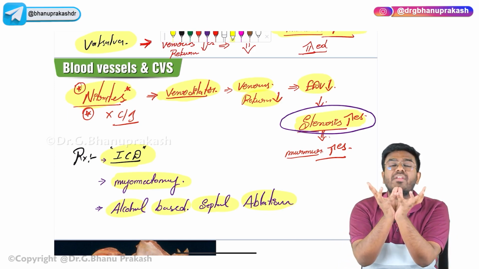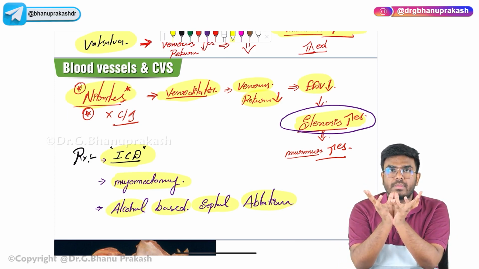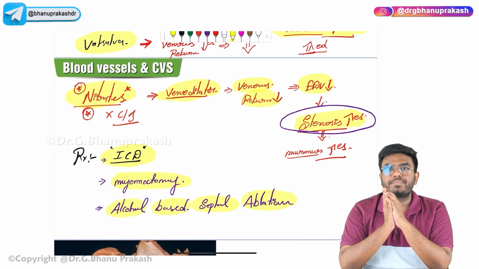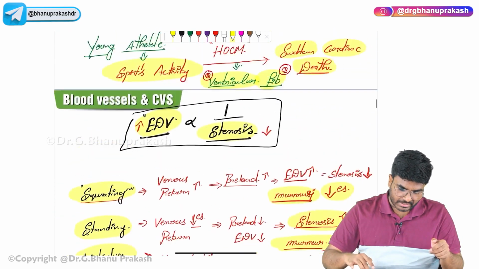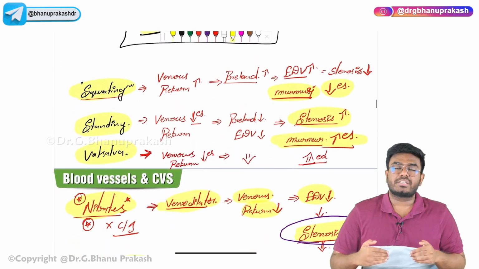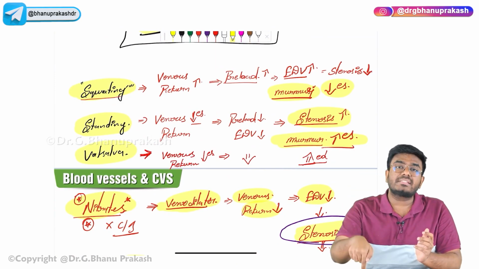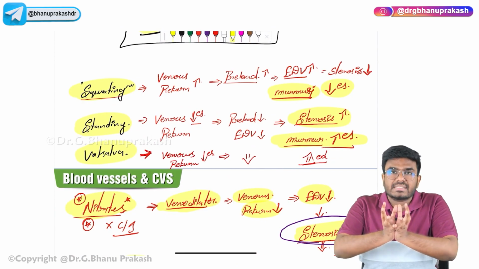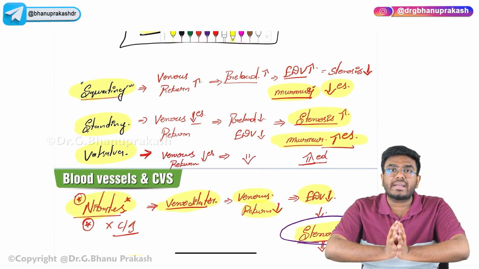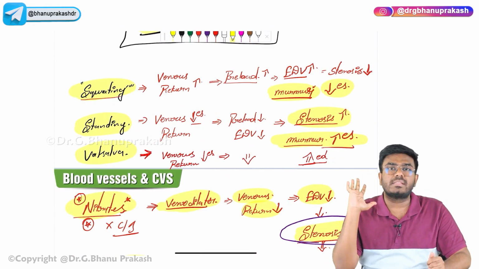If you increase the left ventricular end diastolic volume, murmur intensity decreases. If you decrease the preload, or the left ventricular end diastolic volume, murmur intensity increases.